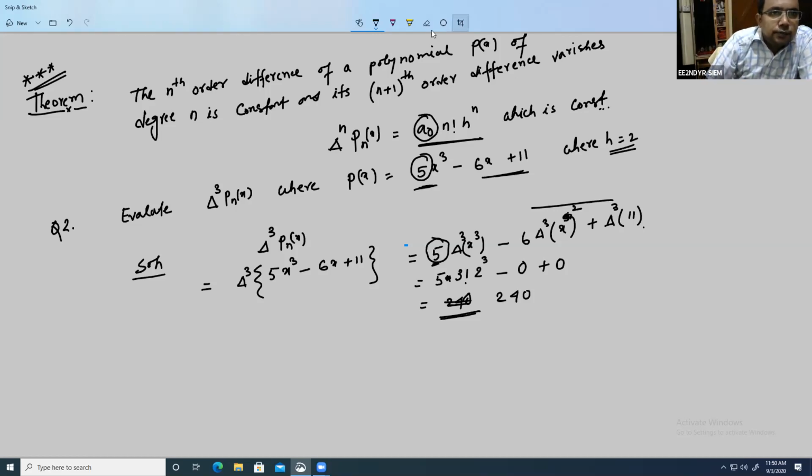Next, I will discuss the backward difference. Clear? Backward difference.